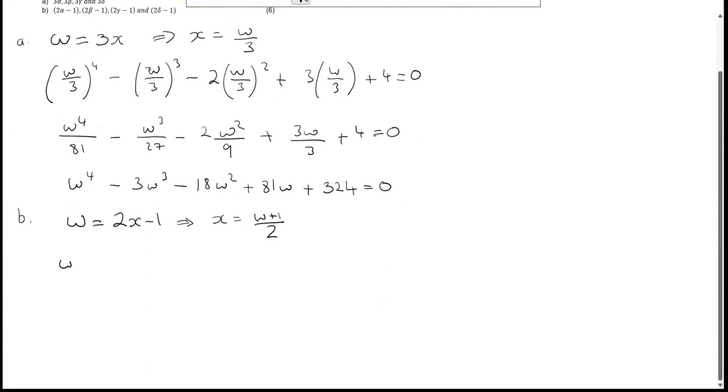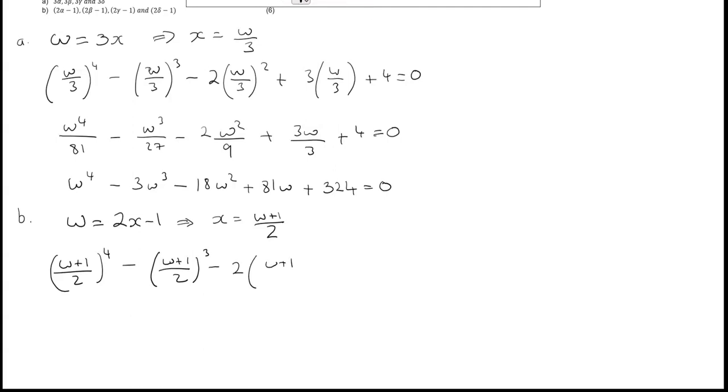So it's w plus 1 over 2 to the power 4 minus w plus 1 over 2 to the power 3 minus 2 times w plus 1 over 2 squared plus 3 times w plus 1 over 2 plus 4 equals 0.